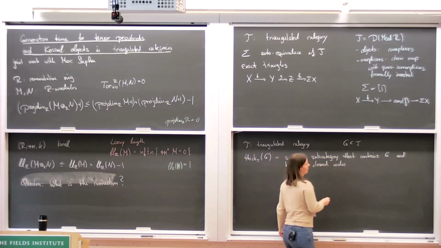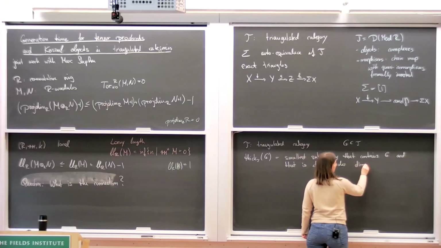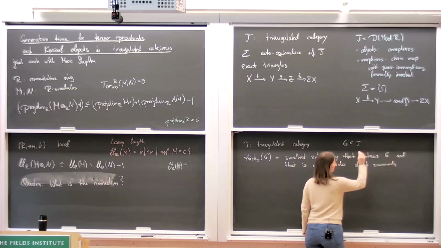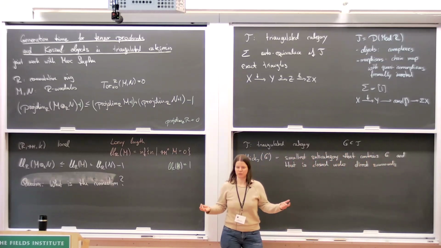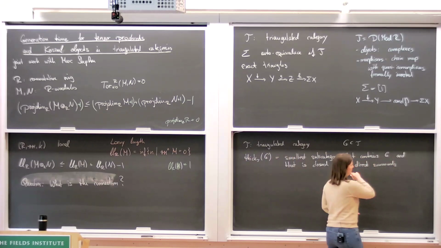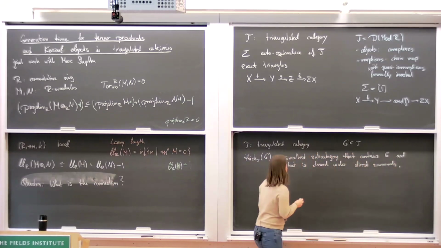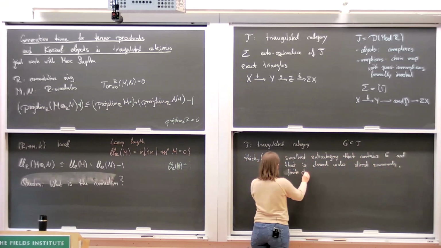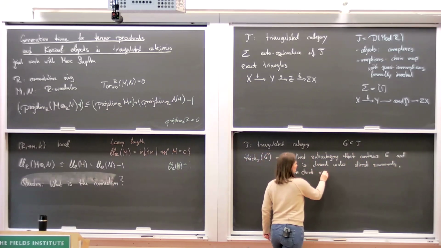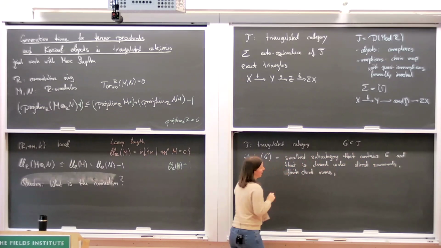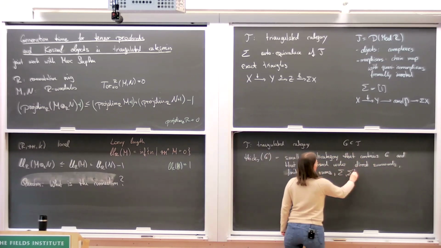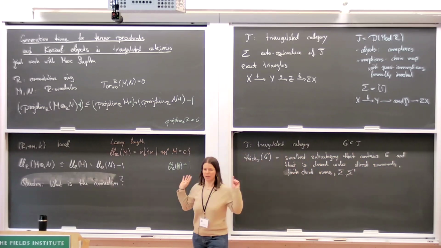And that is direct sums. So for example, if G is the ring, we get all projective modules because I'm also closing it under finite direct sums. Then suspensions and desuspensions, which just means we're allowed to move the complex left, right, doesn't matter.